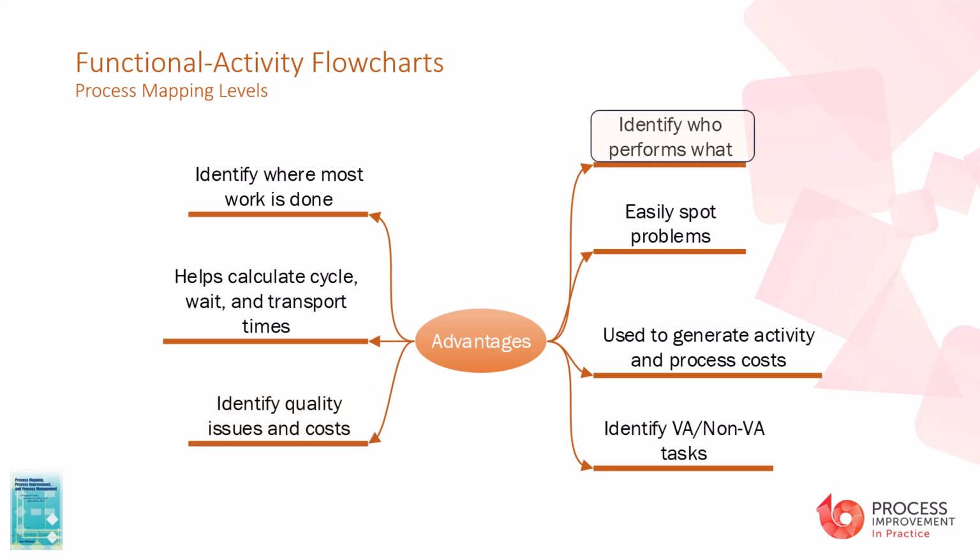With swim lane flowcharts, you can easily spot who is doing what, as each lane represents the function or department performing the activity. Again, problems can be identified easily when the chart gets complex, with excessive feedback loops and handoffs, which may indicate a fat or non-lean flow of the process.